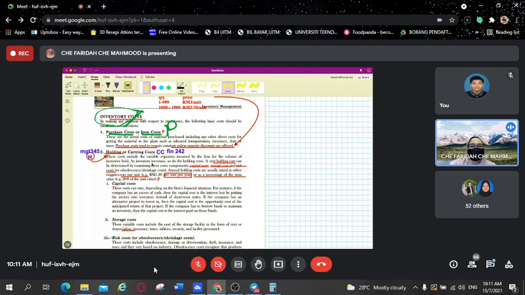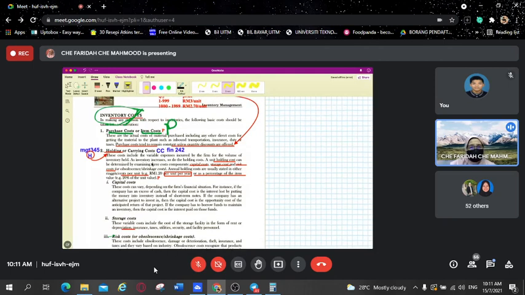Okay, in finance, the terms that we use are quite different, although the symbols used are the same. For us in operations, we use holding cost instead of carrying cost. It's the same thing: you carry, you hold.